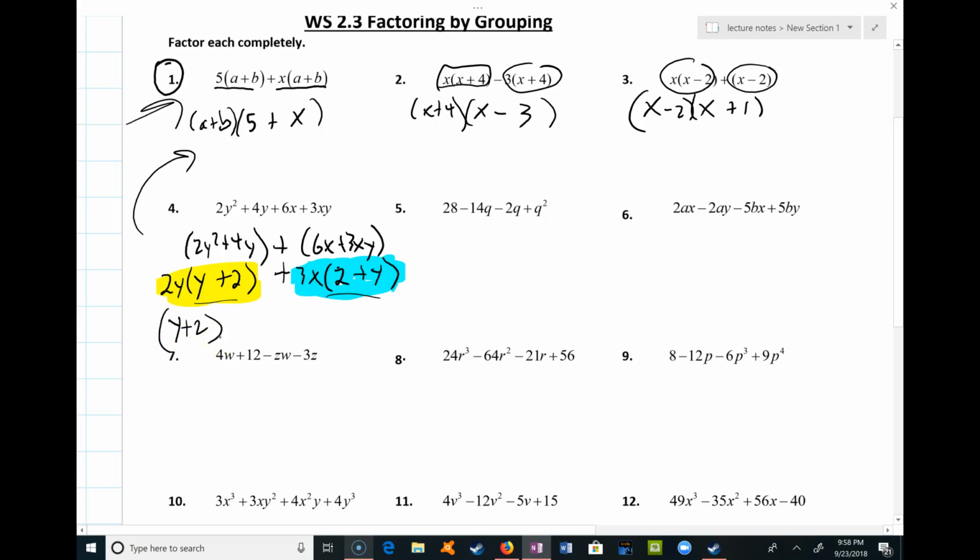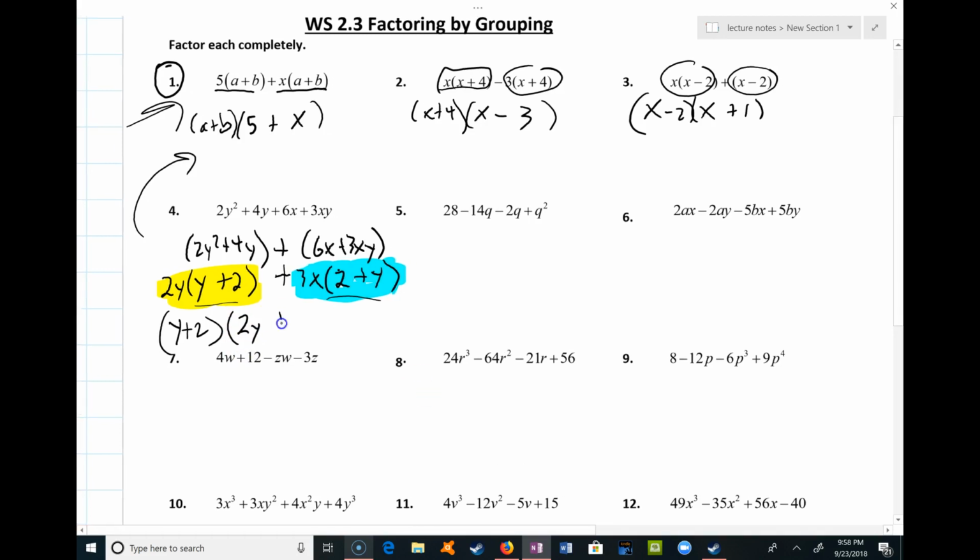Again, I know it's 2 plus y in there, but that's the same thing. So I just pick one of the ways to write it and write it. And then I write what's left. When I divide the yellow term by y plus 2, I'm left with 2y. And when I divide the blue term by y plus 2, I'm left with a 3x, with a plus in between them. Okay?